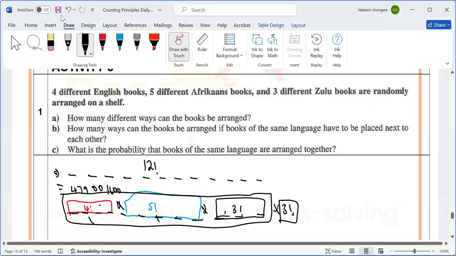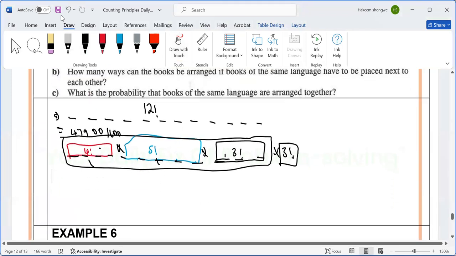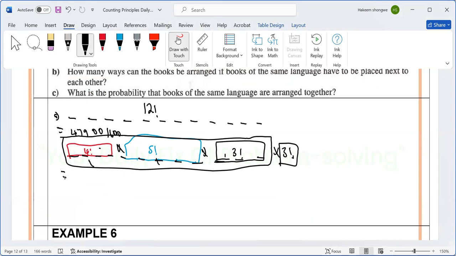If you don't know, let's ask so that you don't wait until you go to the exam. Okay, let's go to the answer. What is the answer? 103,680.